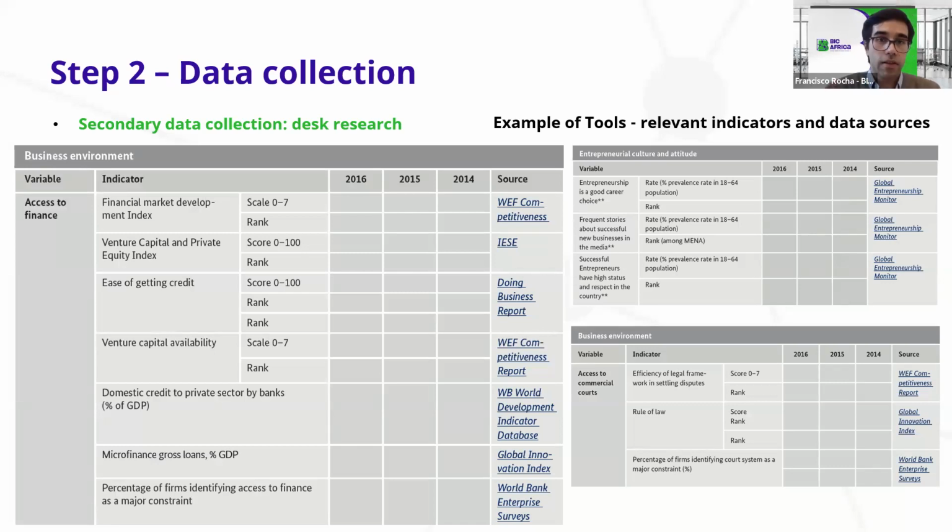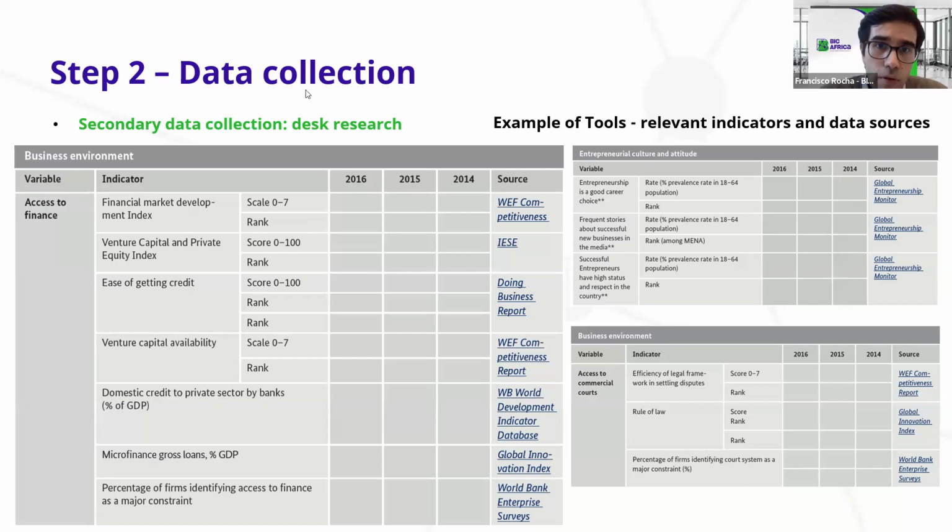So this is another example of how you can structure the information, where you can get relevant information from the different indicators, in this case, that relate with access to finance, and a structure that you can adopt to include that information throughout the years. There are also other examples in the guide, as I mentioned, not only concerning business environment, but you have there other examples.